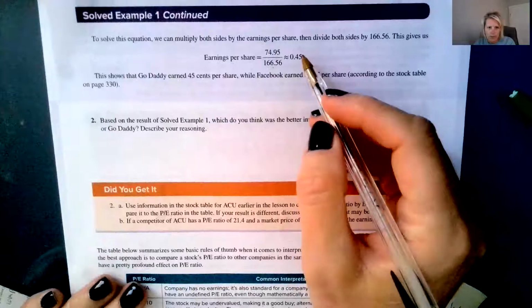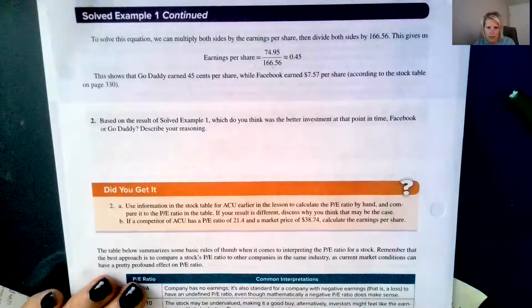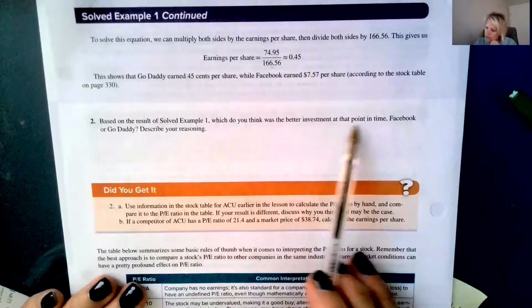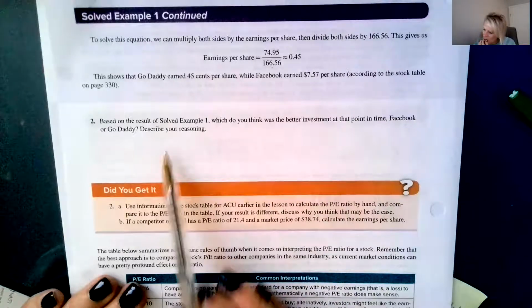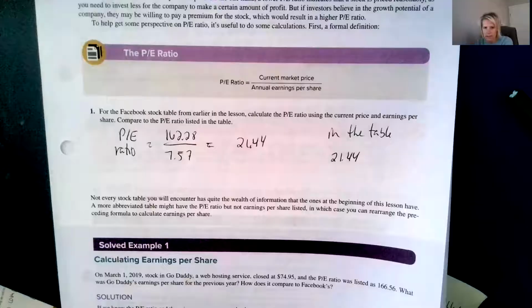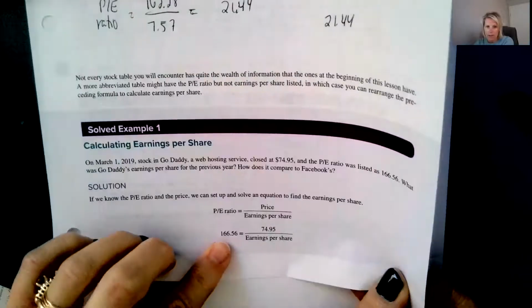Based on the result of solved example 1, which do you think was a better investment at that point in time, Facebook or GoDaddy? The PE ratio of Facebook was 21.44 and GoDaddy was 166.56. And I would think that Facebook was better.